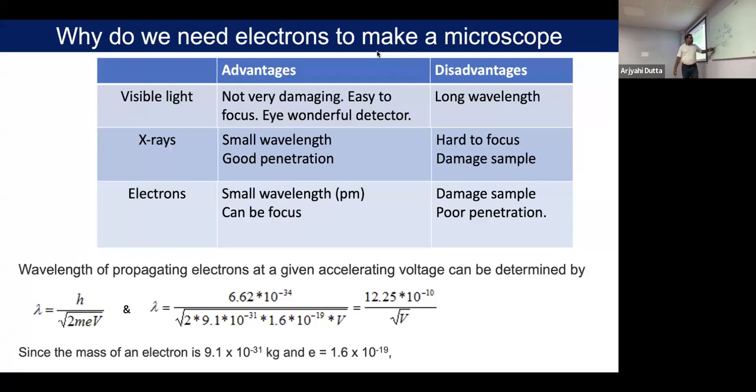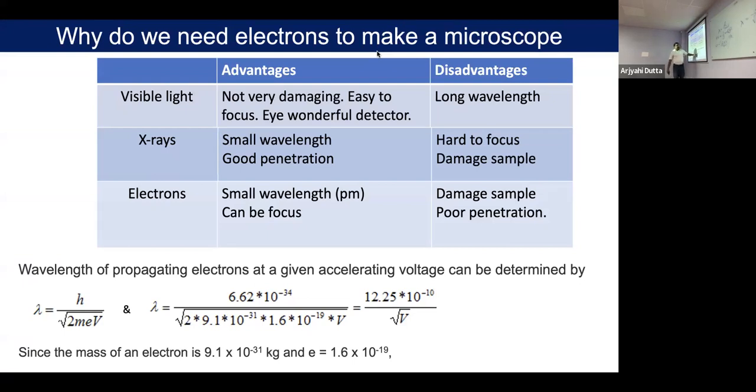So I'm trying to get v from this equation and replace it here. If I replace it, what will you get? You will get lambda equal to h over the square root of 2emV. So it depends on the mass of the electron, the charge of the electron, the Planck constant, as well as the voltage. Here we know all of these values: the mass of the electron, the charge, and the Planck constant value in joule per second.